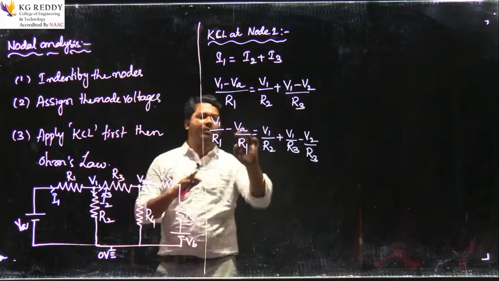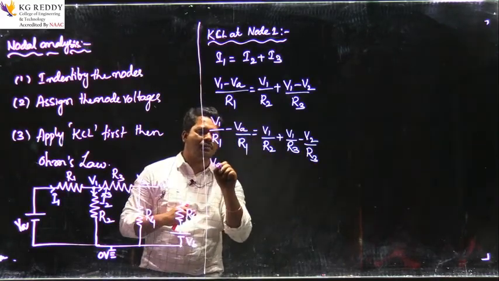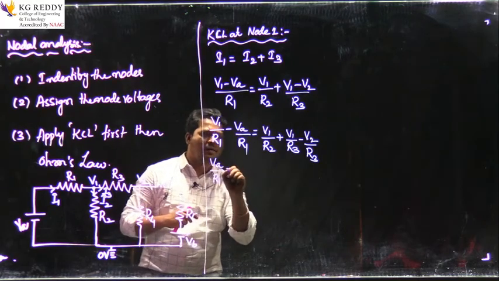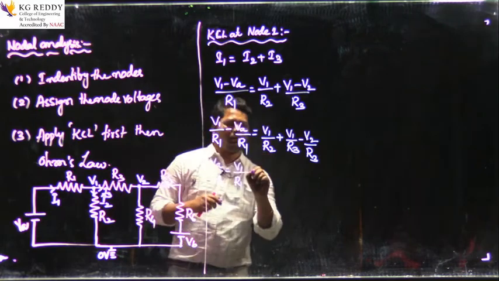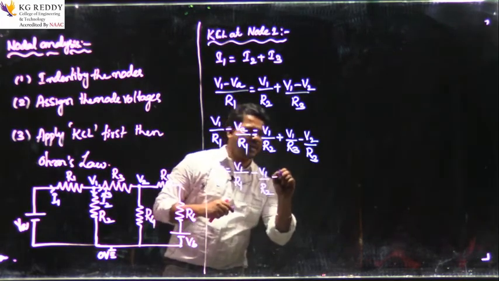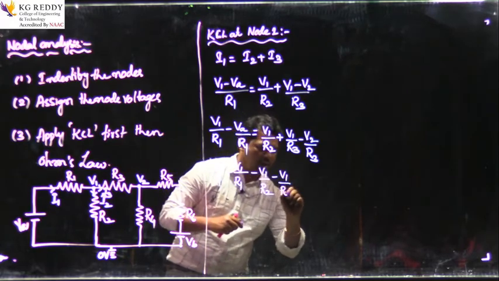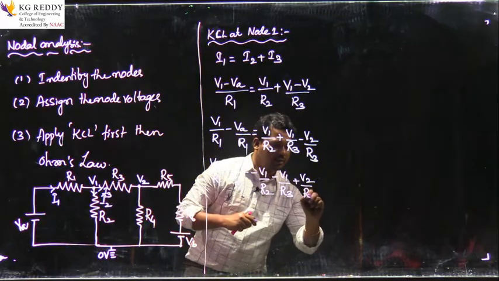Now I will take VA by R1 to the other side, and the remaining terms to this side. I will write it as VA by R1 equals V1 by R1 minus V1 by R2 minus V1 by R3 plus V2 by R3.